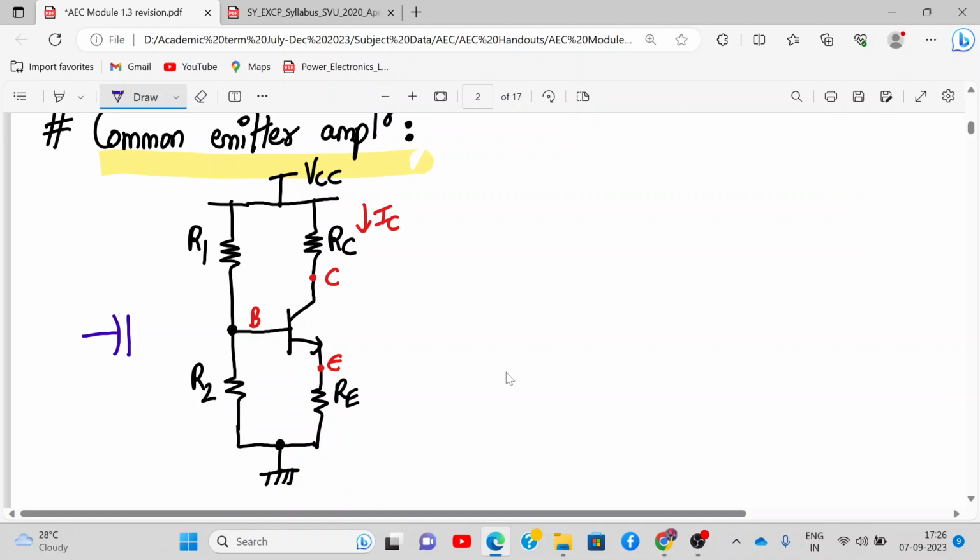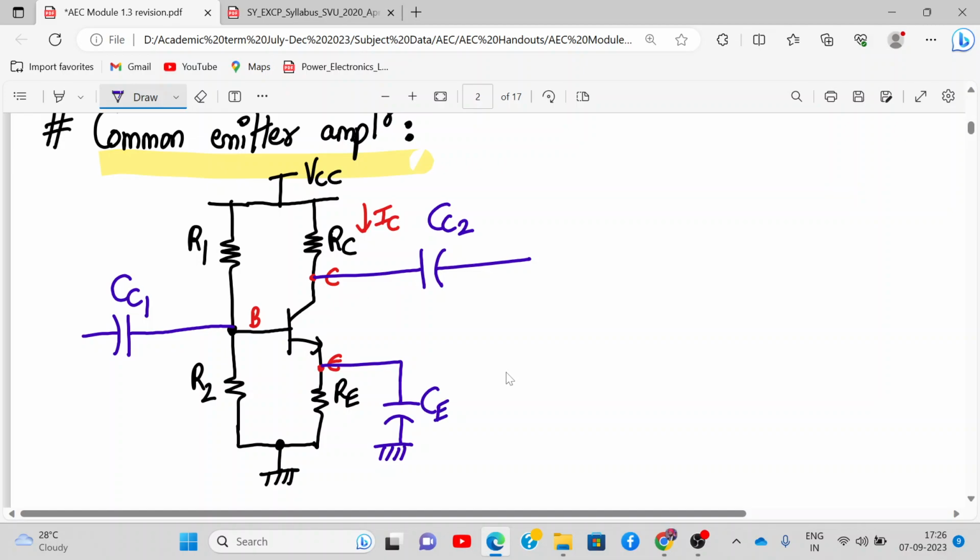So this is capacitor number one. This is the output coupling capacitor, and there is one more capacitor, the bypass capacitor, going to the ground. This is CC1, the input coupling capacitor, this is CC2, the output coupling capacitor, and this is CE, the bypass capacitor. Here you apply the input like this.